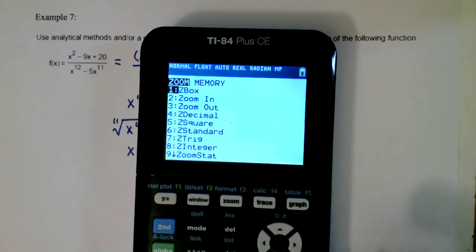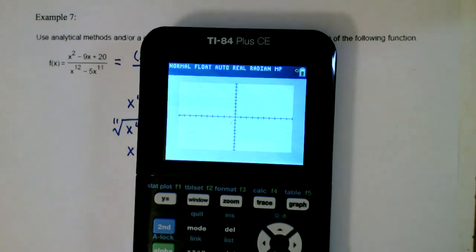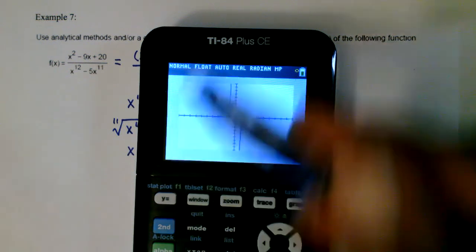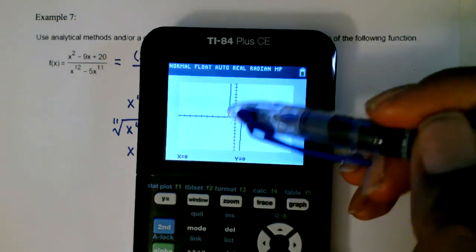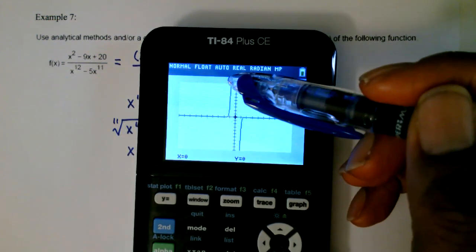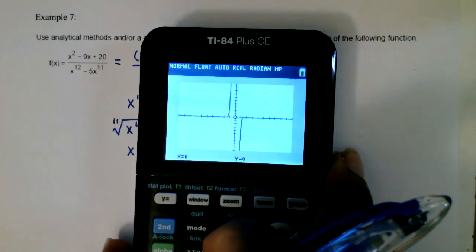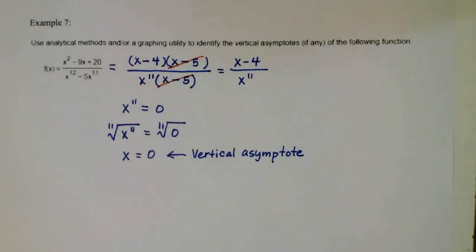Well, I might need to zoom out just a little bit because okay, but pretty much you can get the idea that your vertical asymptote is here. And of course, on the left of 0 is going to be going off to positive infinity, and to the right of 0 is going to be going off to negative infinity. Okay. So that's what that graph looks like.